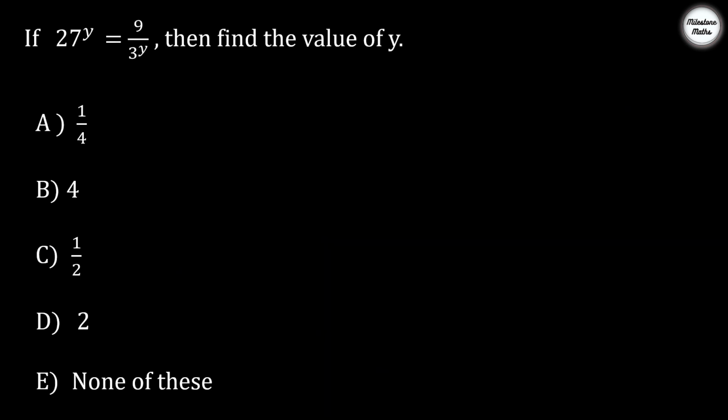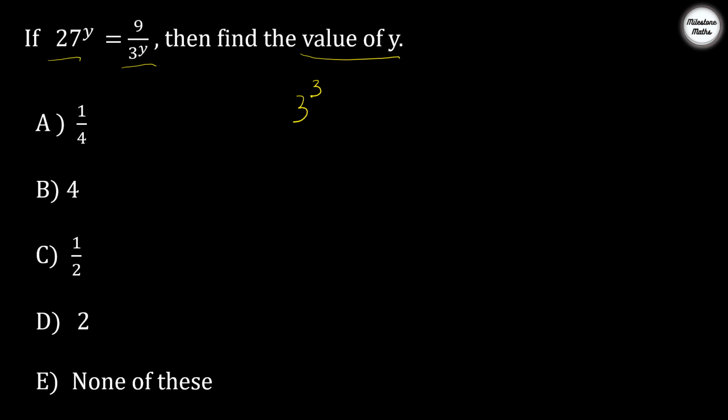The next question we have: if 27 raised to power y equals 9 by 3 raised to power y, we have to find the value of y. In this kind of question, you have to equate the powers, but you can equate the powers only when the bases are the same. So we have to make the bases same. 3 raised to power 3 gives 27, right?